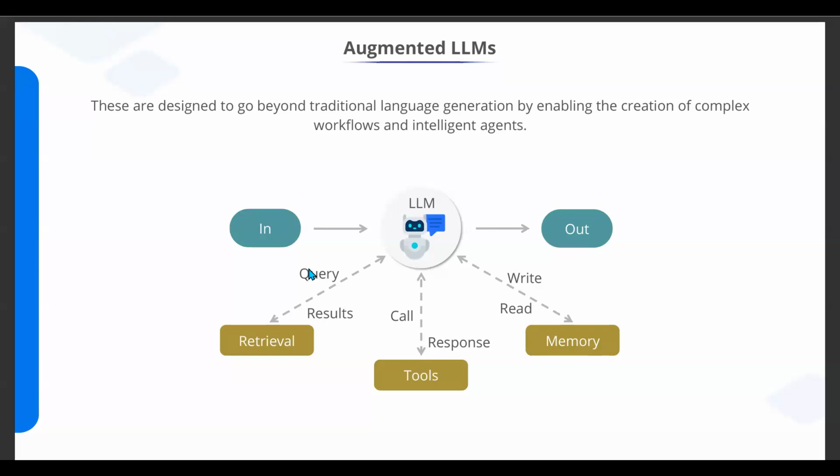To solve such problems, modern systems use augmented LLMs. An augmented LLM is a language model enhanced with additional components like a retrieval system, memory, and tools. The LLM interacts with these three major components: retrieval, memory, and tools to process any query.